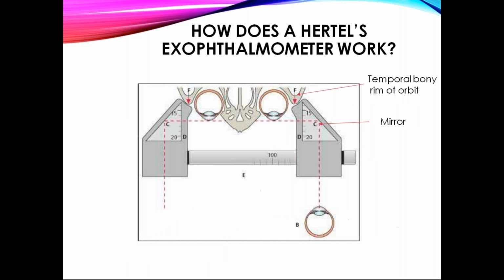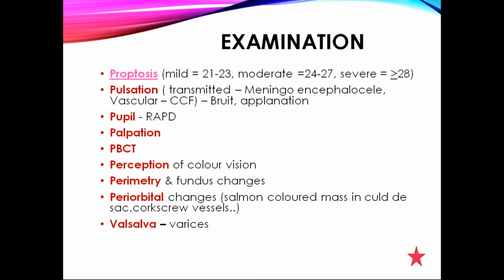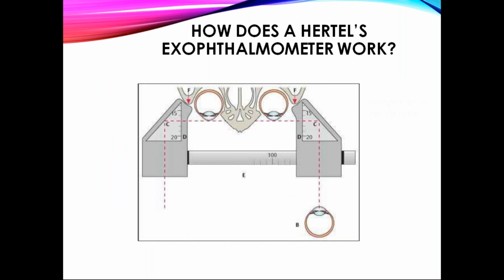When it comes to evaluation, as I said, you have to evaluate all the P's: proptosis, pulsation, pupil in the anterior segment examination, and you have to palpate. You have to do a prism bar cover test to identify the amount of deviation, and perception of color vision, perimetry, fundus changes, periorbital changes, Valsalva maneuver. These are the maneuvers to be performed in the examination.